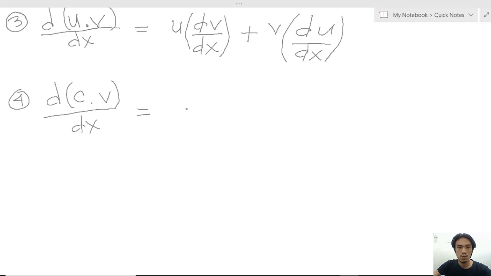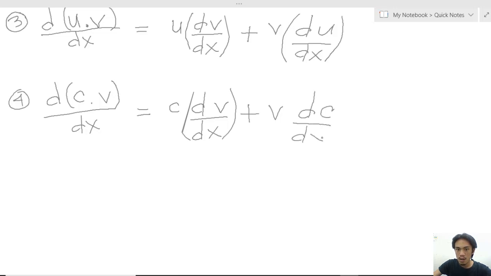This is equal to, we can apply the property number 3. You copy the first part, that is c, multiplied by the derivative of v with respect to x, and that is positive for multiplication, v times the derivative of c with respect to x.